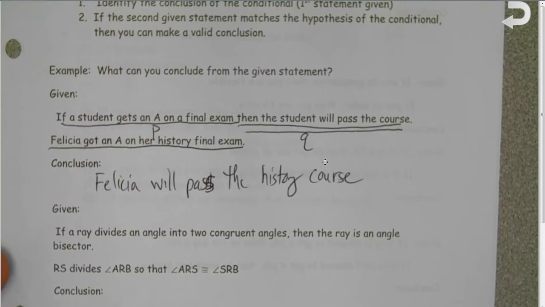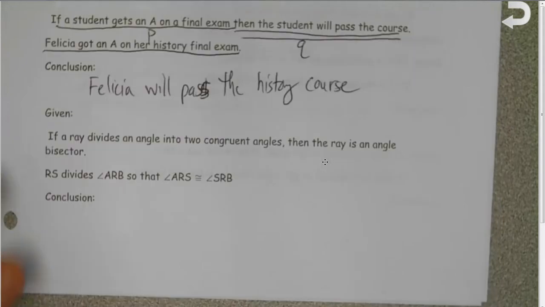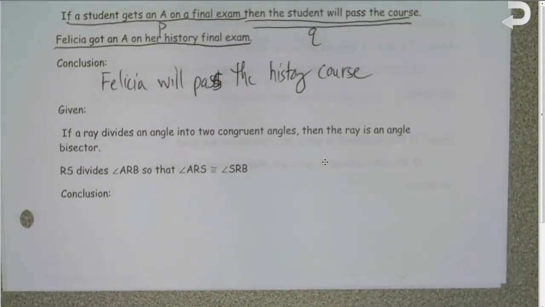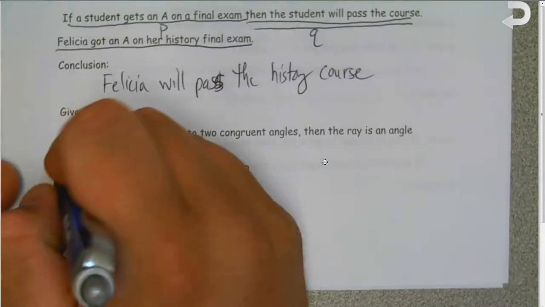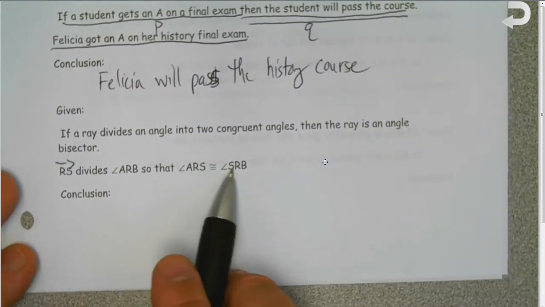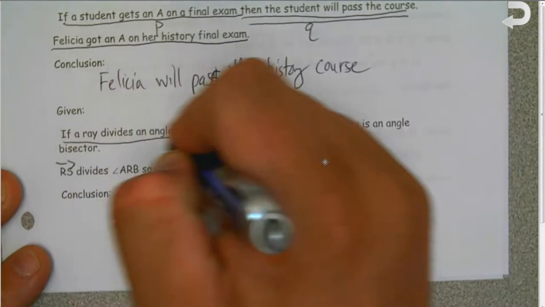Felicia will pass the history course. Now, a math example. If a ray divides an angle into two congruent angles, then the ray is an angle bisector. Ray RS divides angle ARB so that ARS is congruent to SRB. So here is our hypothesis.